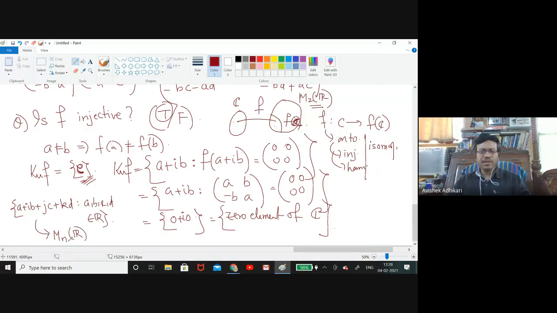First you need to fix what would be the value of n. In the case of complex numbers, only this part was present, this part was not there, and you made n equal to 2. But here you have j and k as well. Then what would be the value of n, so that you can embed this quaternion ring into a suitably chosen M_n(R)? That is your homework.